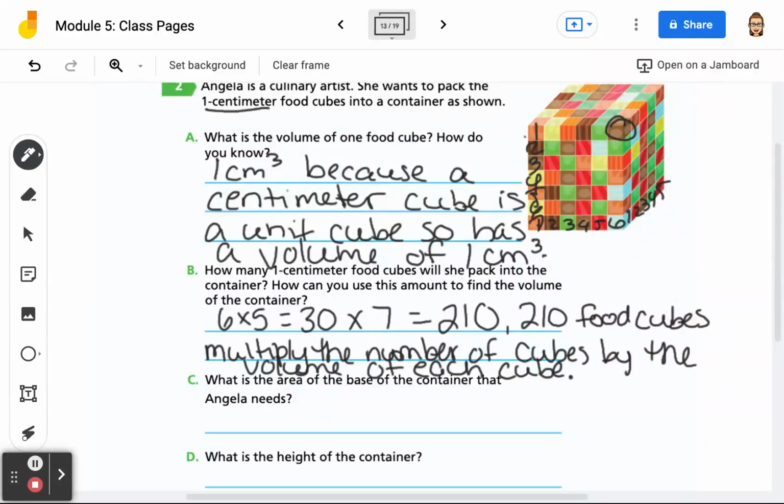So it says, what is the area of the base of the container that Angela needs? Well, we already said these are each a centimeter, so we said 6 times 5 is 30. So 30 centimeters squared. And the height we said was 7, so 7 centimeters.